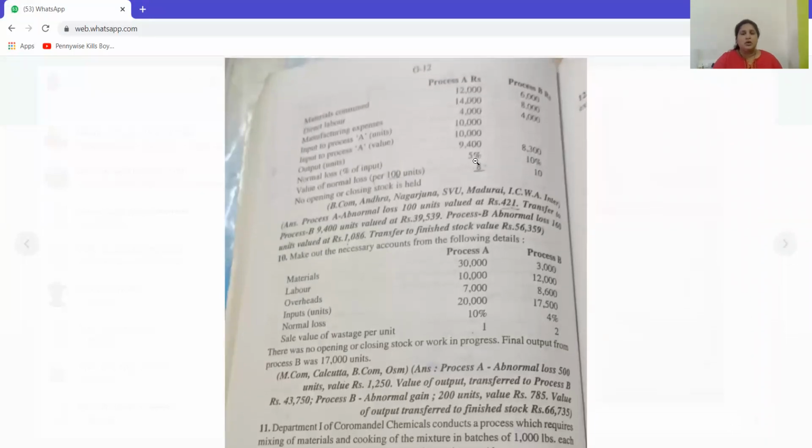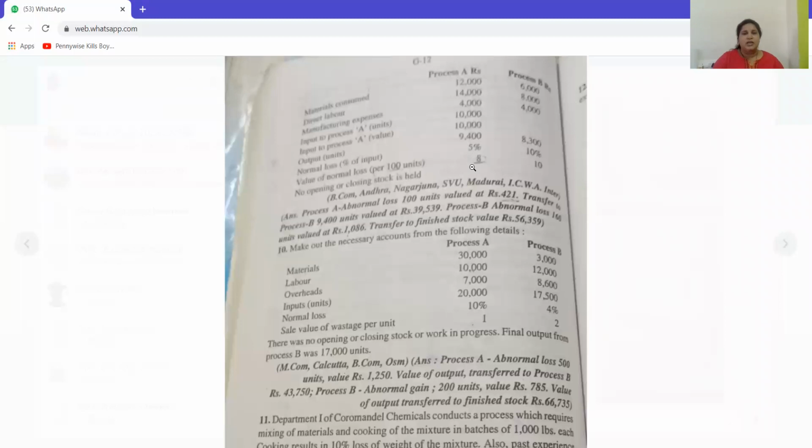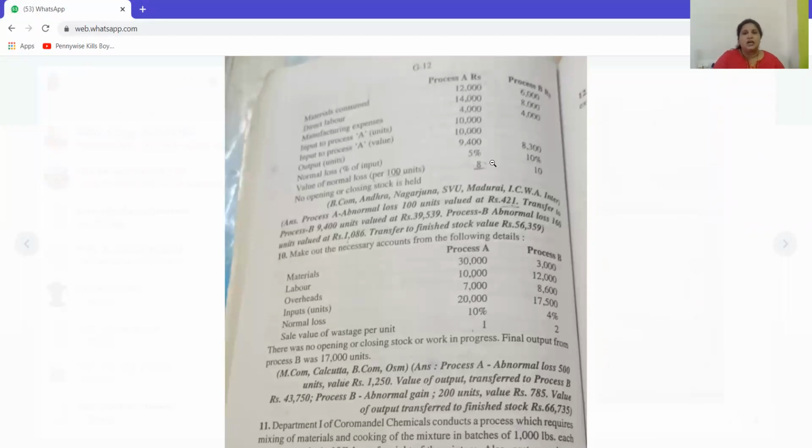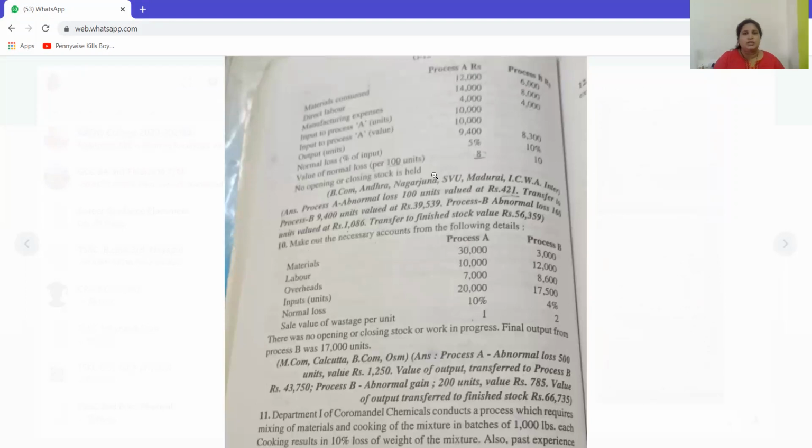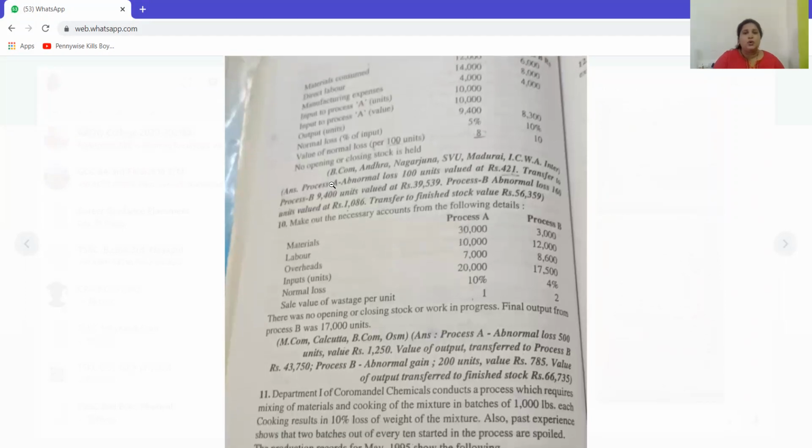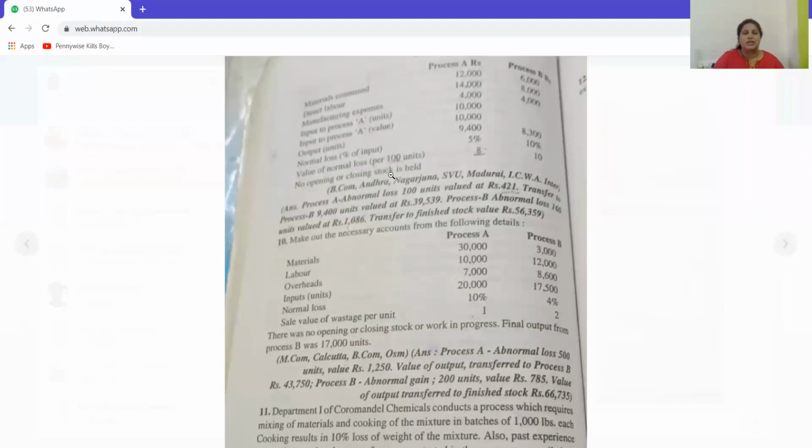Whatever normal loss is coming in units, per 100 units it is 8 rupees. For example, if it is 200 units, then it will be 200 into 8. So it goes on changing. They are asking us to find out the process A and process B accounts. No opening or closing stock is held. So now let us prepare the process A and process B accounts.